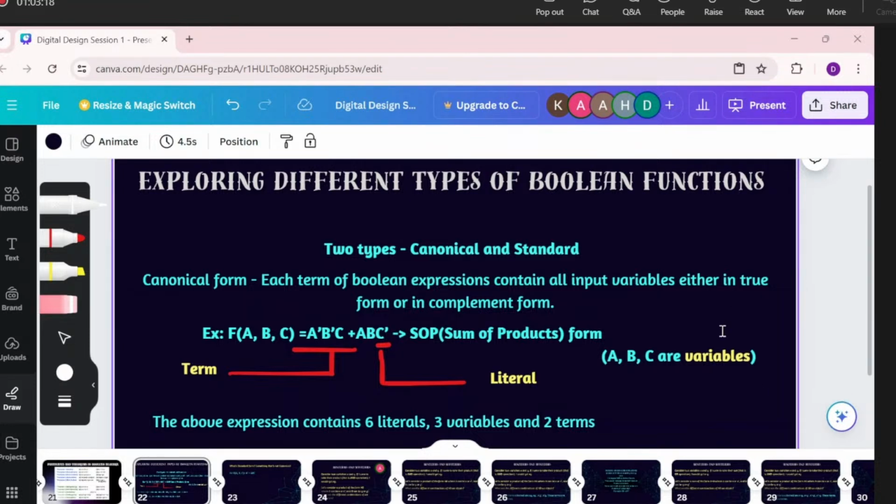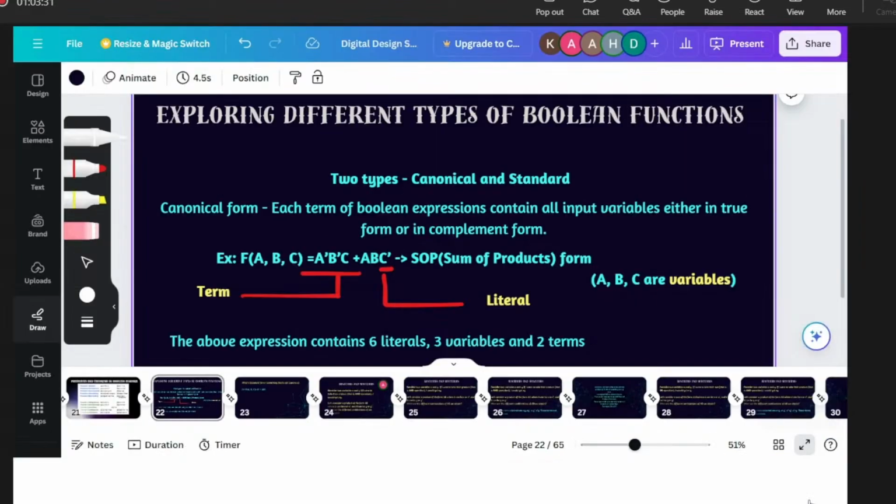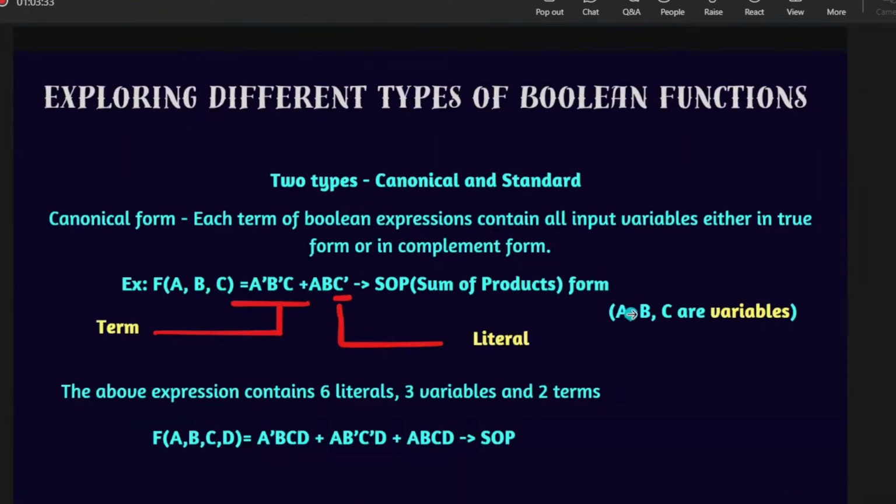So what might be the canonical form of a Boolean function? Canonical is something which is standard. A standard Boolean function is something which is not canonical. Canonical is what? You have a term and that term has all the variables.